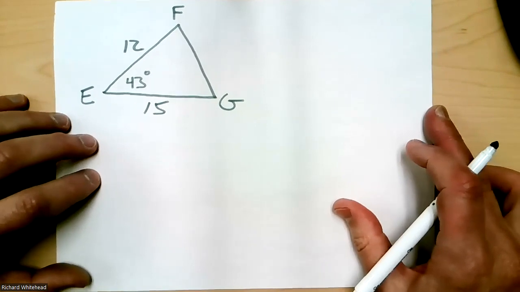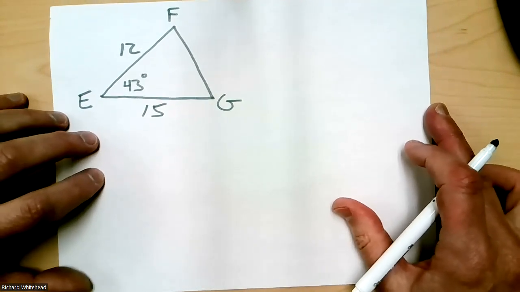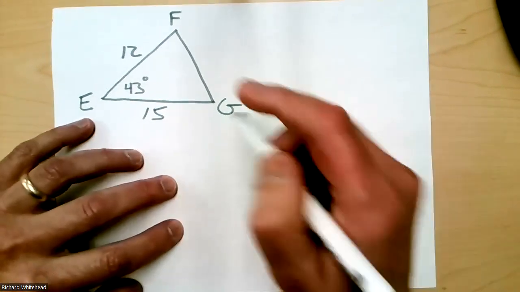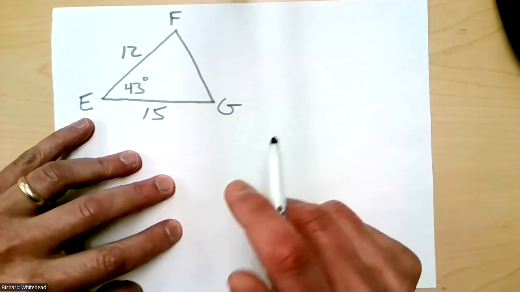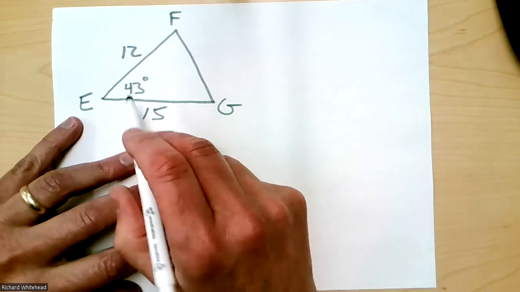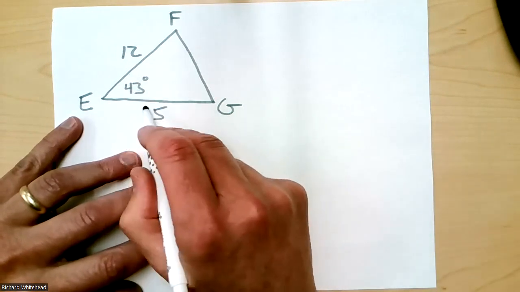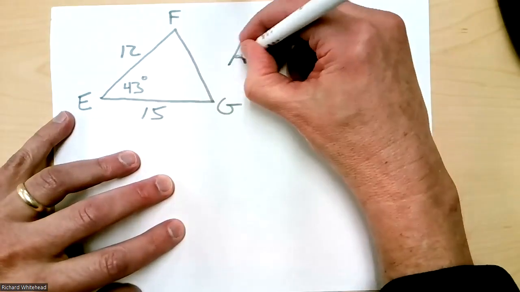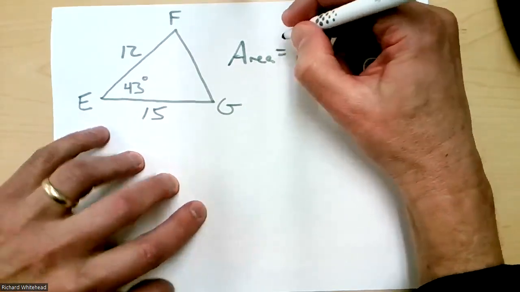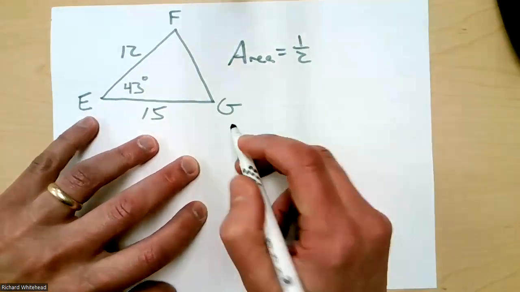All right, so here we go. If I've got this situation right here, then this is going to seem outrageously simple, because a lot of what we're going to be doing, we're going to be finding all the pieces. So we're going to choose the pieces that are given information that don't have any rounding. The ones that have the least amount of rounding are the ones we're going to use. So if I look at this problem right here, I'd say, okay, so the area is going to be 1/2.